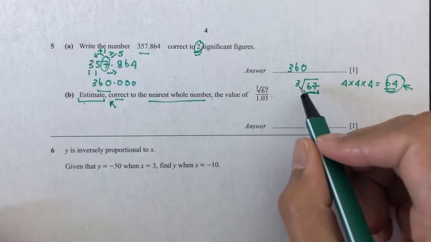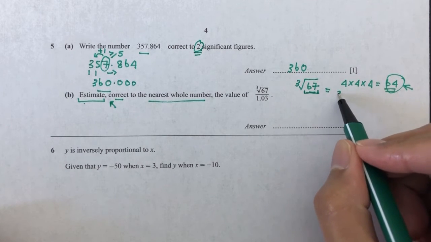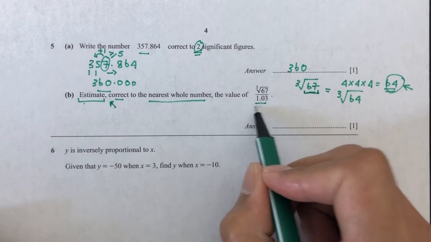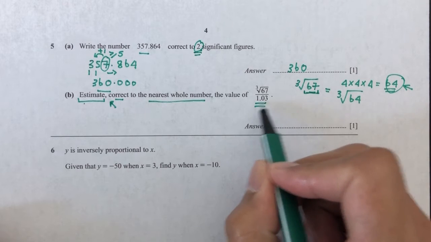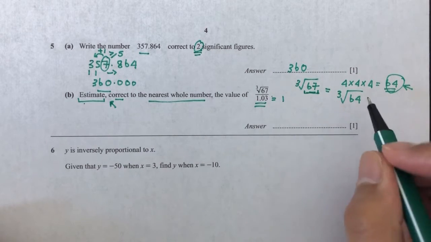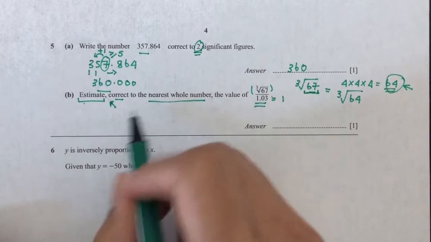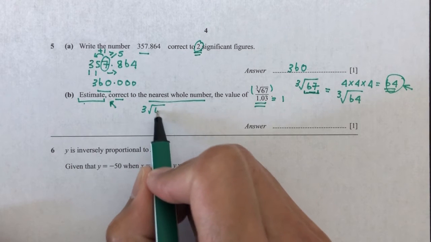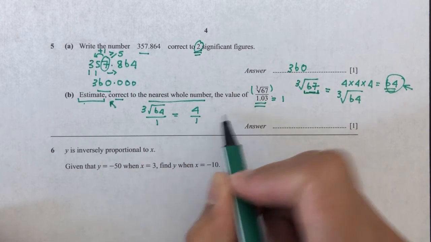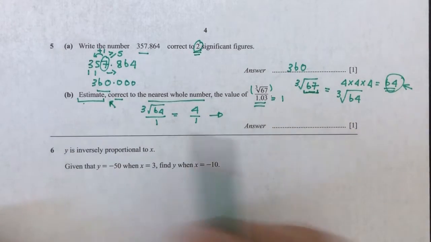Let me assume this equals the cube root of 64. The bottom, 1.03, will be 1. So the top we rewrite as the cube root of 64, which is 4, divided by 1. So the estimate for this fraction will be 4.